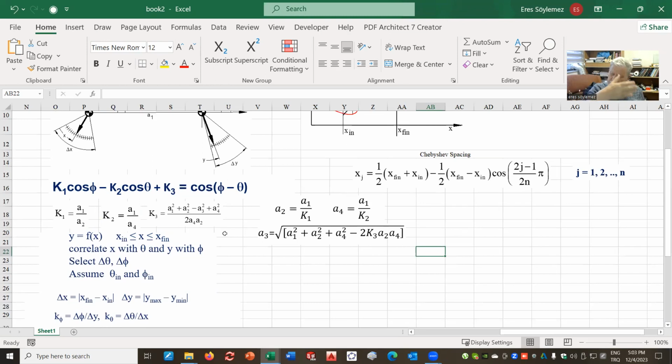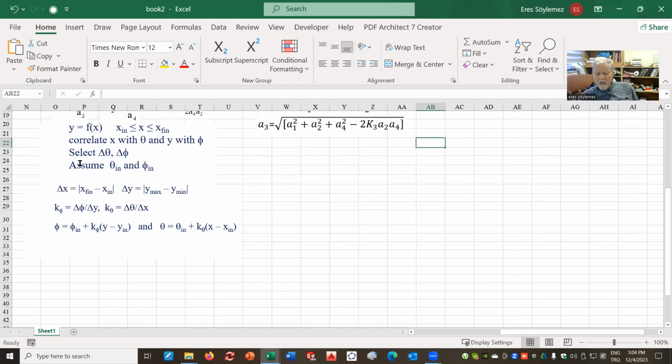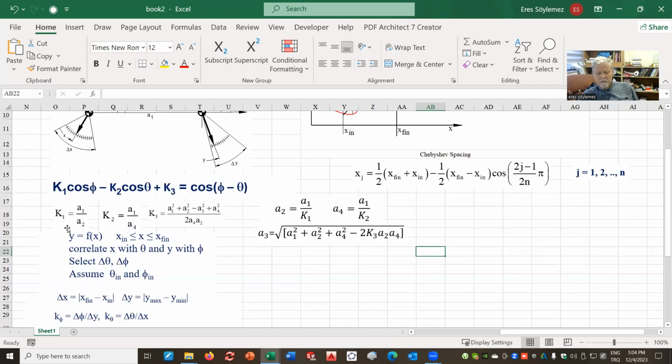What we shall do is start with three precision points using the link lengths as design variables, and later I'll add theta initial and phi initial as design variables. Now, you can select any 3 values of x within this range.